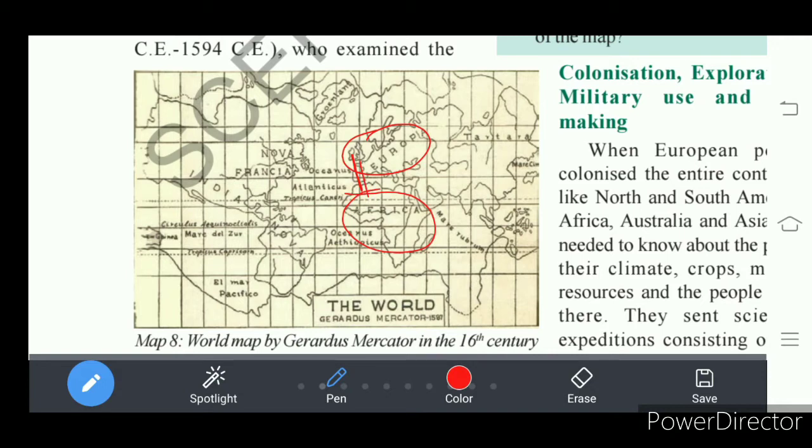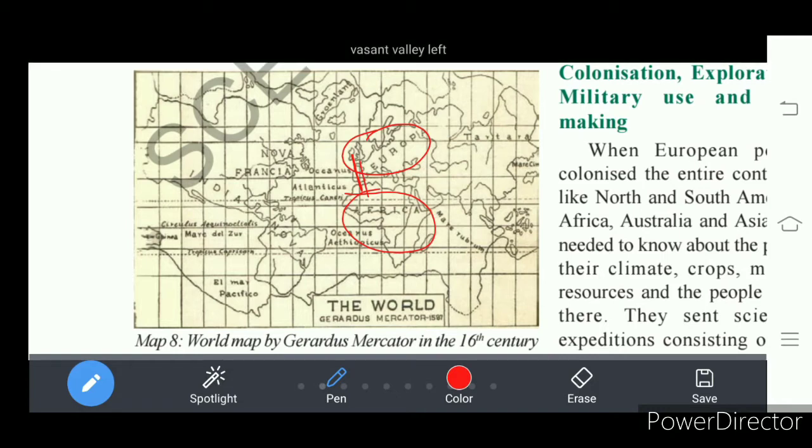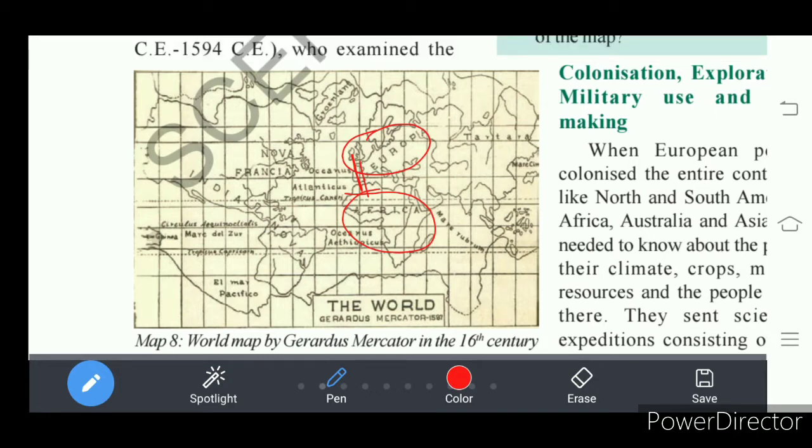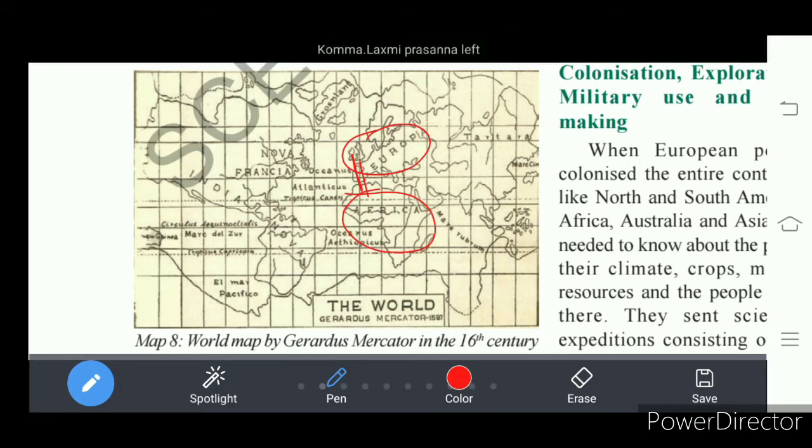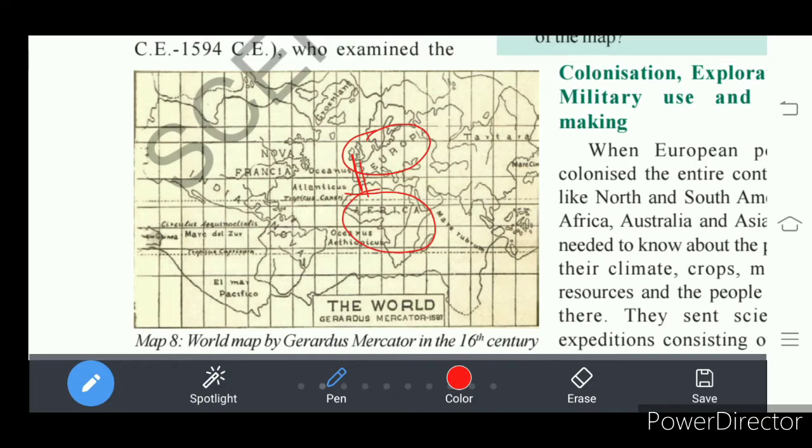So is that the accurate distance between Africa and Europe? No, the distance is very long. Some thousands of kilometers separate Europe and Africa. So how is it shown here?